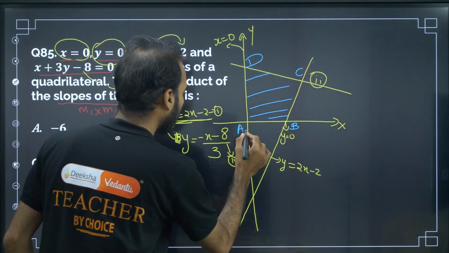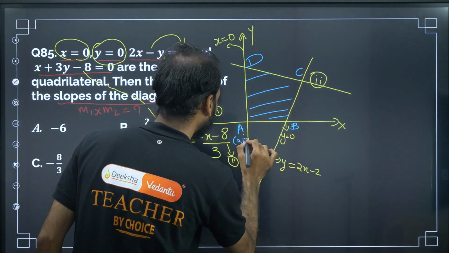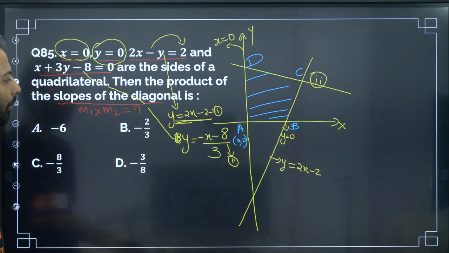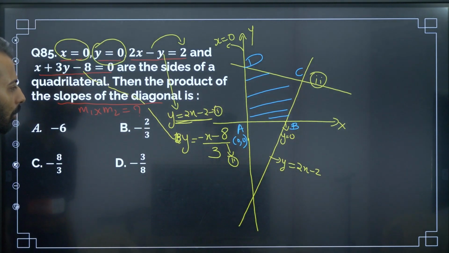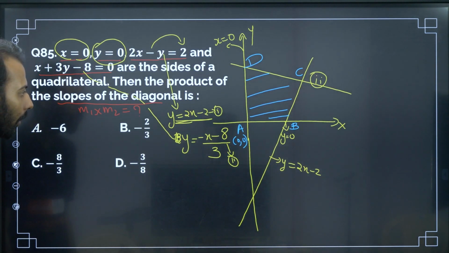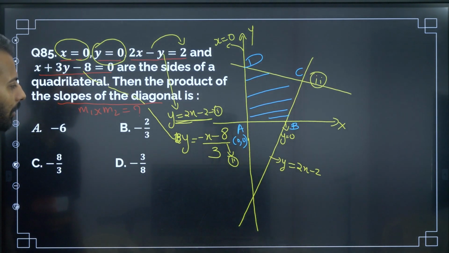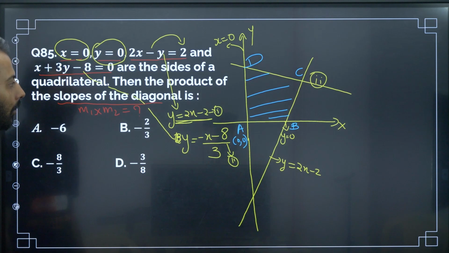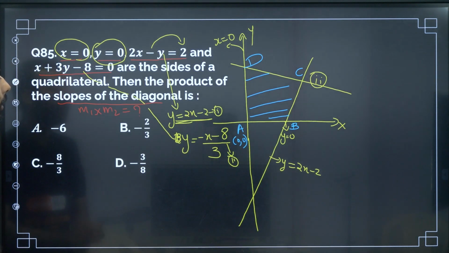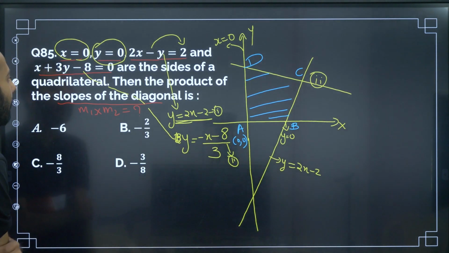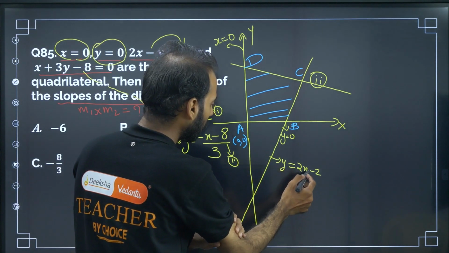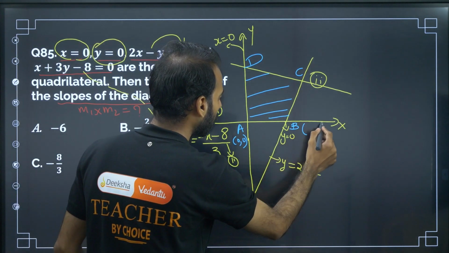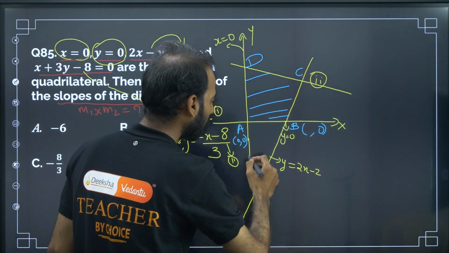Now what are the A point coordinates? 0, 0. What about B? Here anyway y is 0, and B is because of this line, so 2x minus 2 is equal to 0, so 2x is equal to 2.